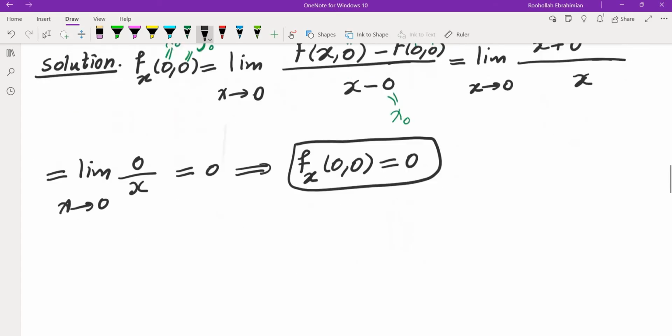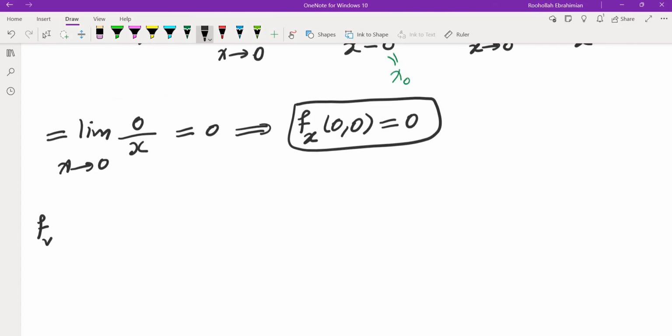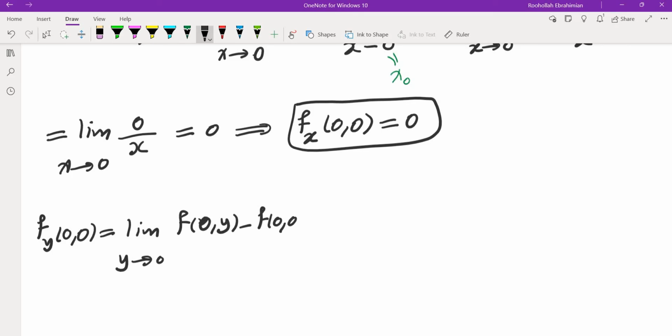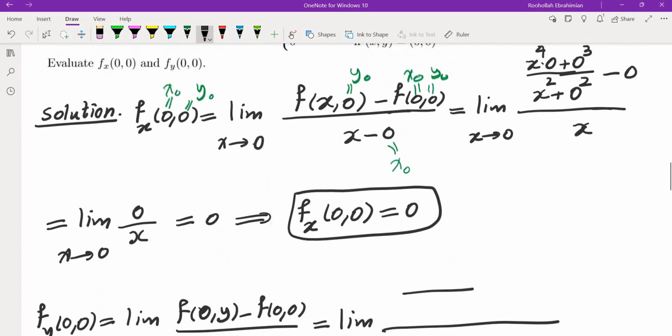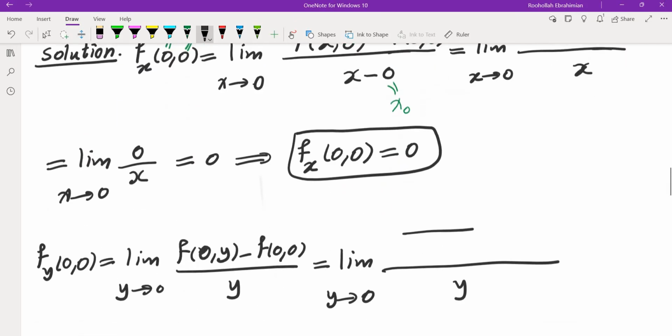Let's look at the same thing in the direction of the y-axis. So f sub y at 0, 0. So this is the limit as y approaches 0, f of 0 comma y minus f of 0, 0 divided by y. So bottom is y. Well, top is f of 0 comma y. So I have to plug in x equals 0.